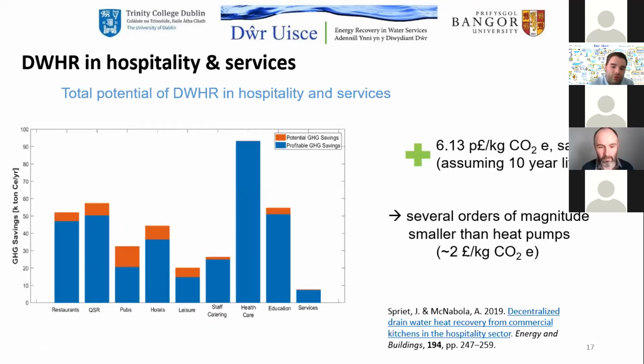And one of the important aspects here is that we can recover this heat at an estimated price of around 6 pence per kilogram of reduction in carbon emissions, if we assume a 10-year lifetime. And then if we compare this to the classical example of renewable heats, which are heat pumps, we are several orders of magnitude smaller than actually installing a heat pump, for example.